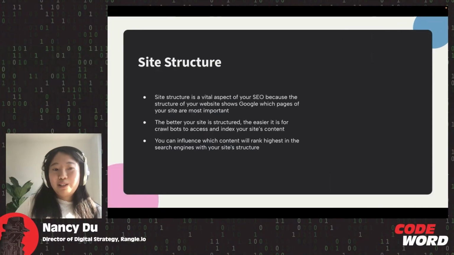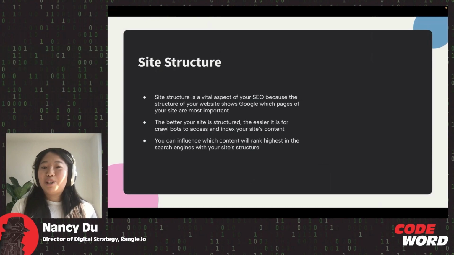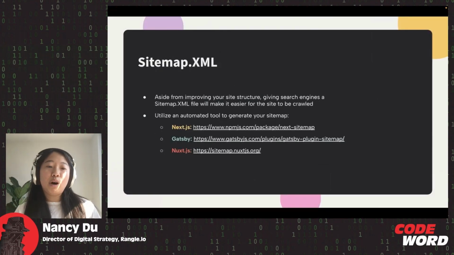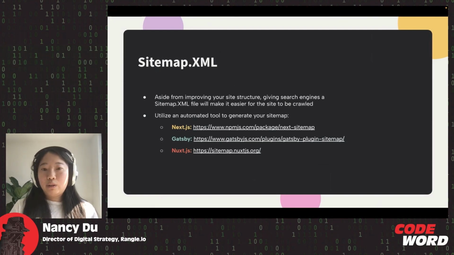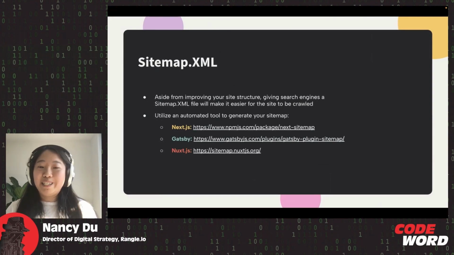And the great news is you can influence which content ranks higher, depending on how you structure your site. So although a lot of the improvements come with re-architecting your information architecture and your site structure itself, there is another way to at least give Google and these search bots a better idea about how to navigate your site, and that's by providing a sitemap XML file.